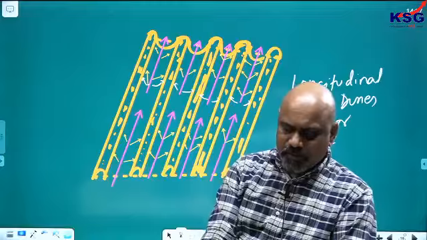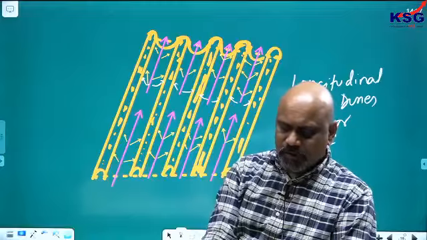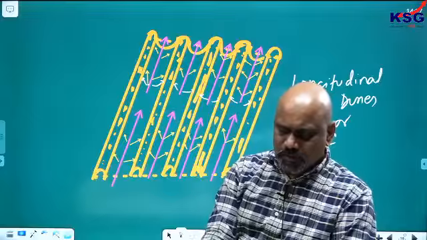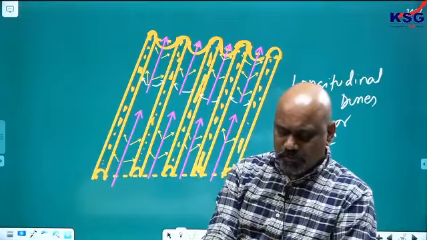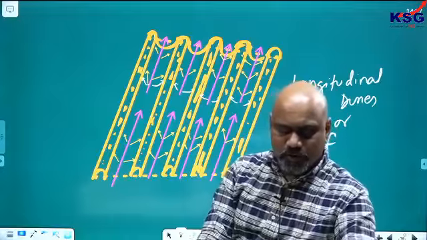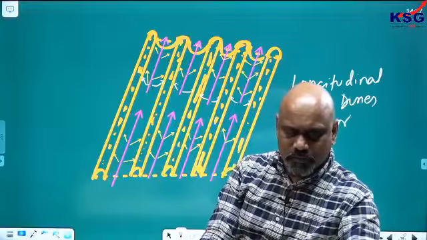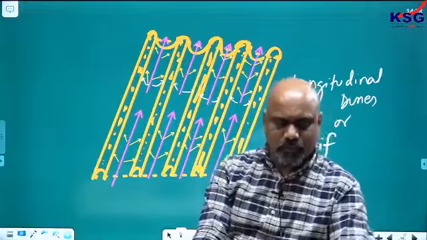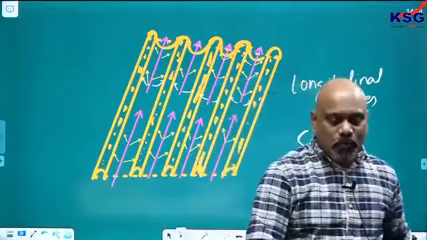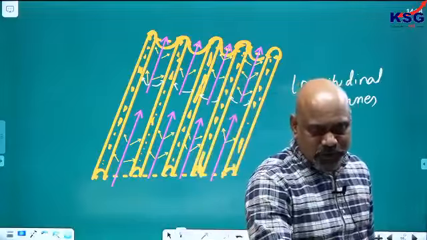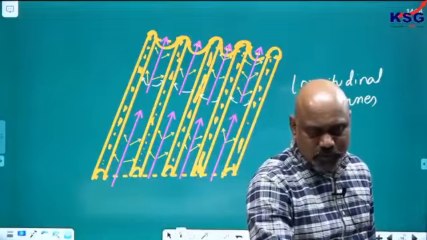Okay, these are very important, this particular longitudinal dune, because they are the most common among all the dunes here. Okay.